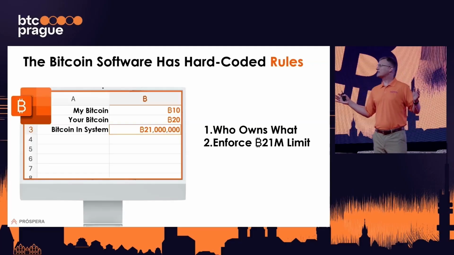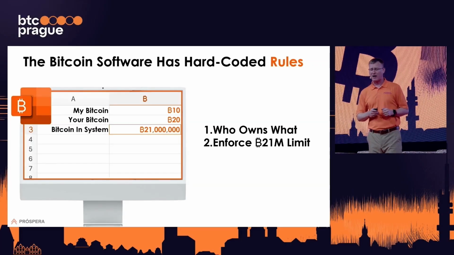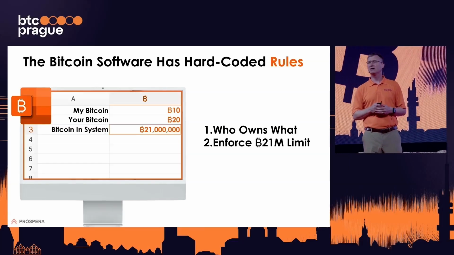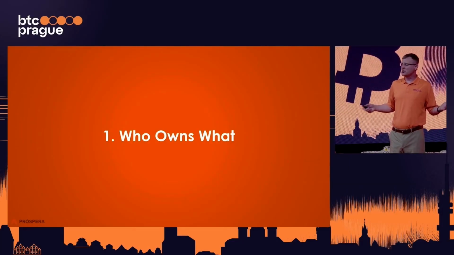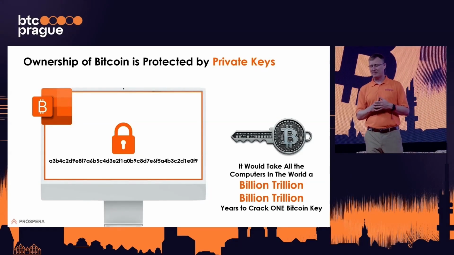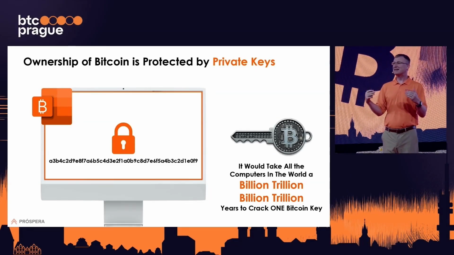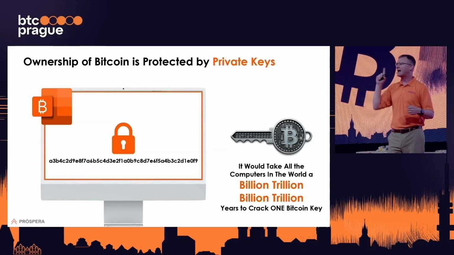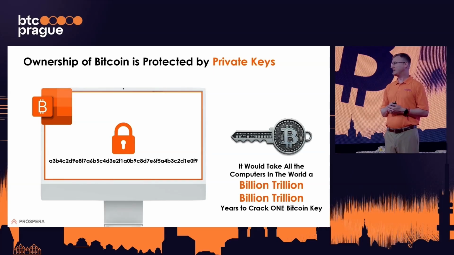And the Bitcoin software has hard-coded rules about who owns what and the enforcement of that 21 million Bitcoin limit. First, who owns what? If I have the private key of a Bitcoin, it's protected at a security level unheard of in the rest of the world. It would take more than 1 billion trillion years to crack one Bitcoin private key.